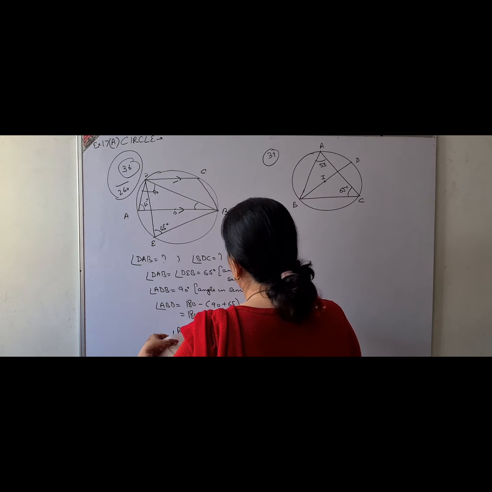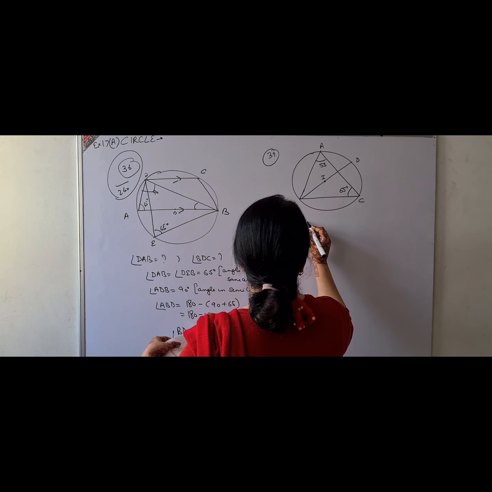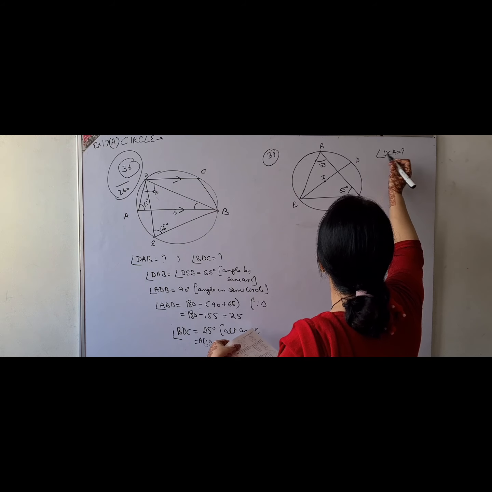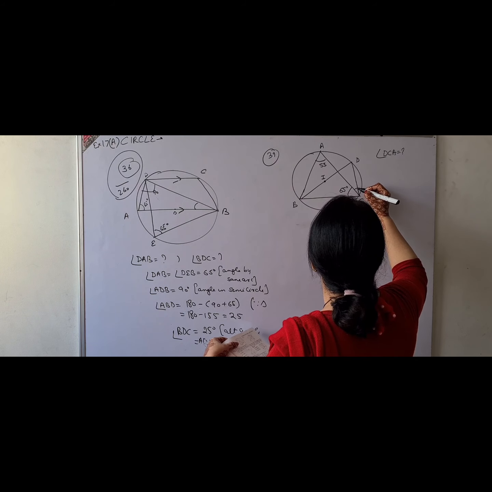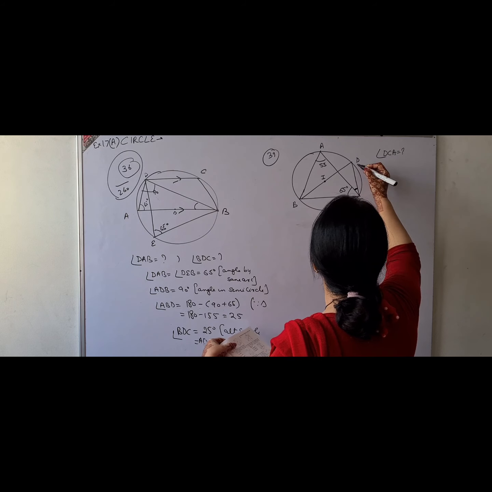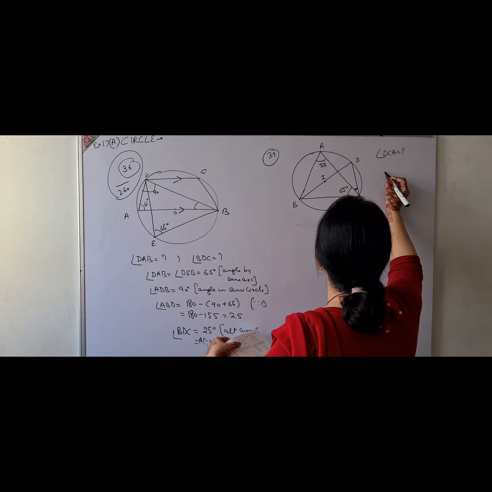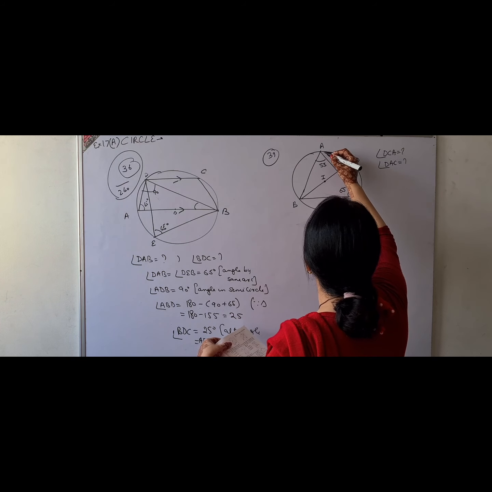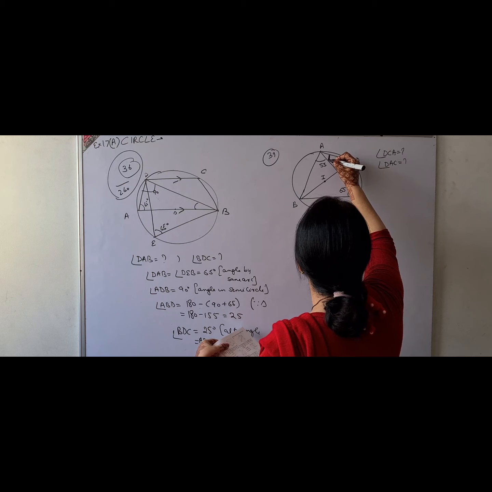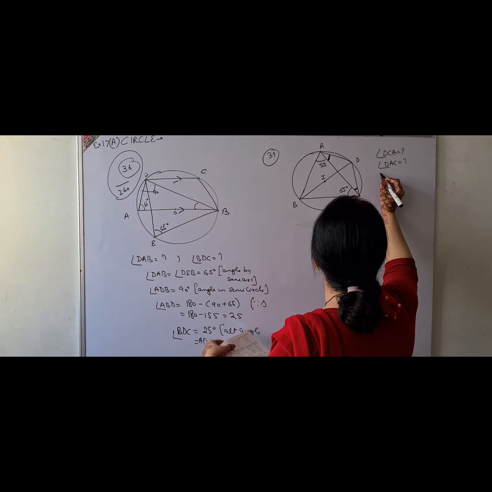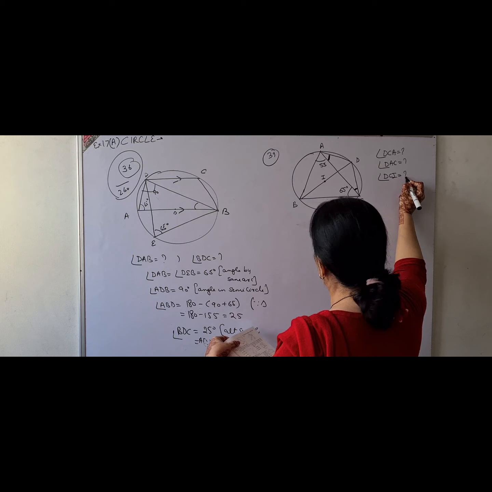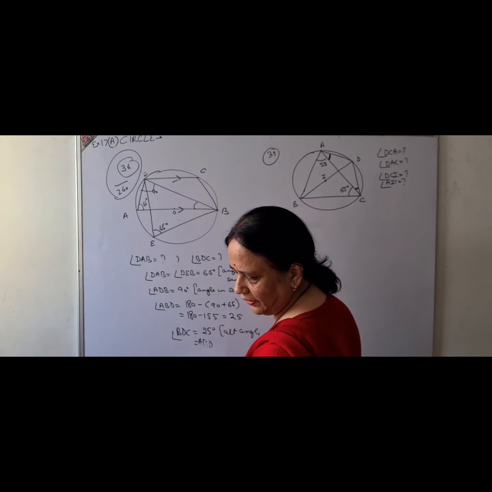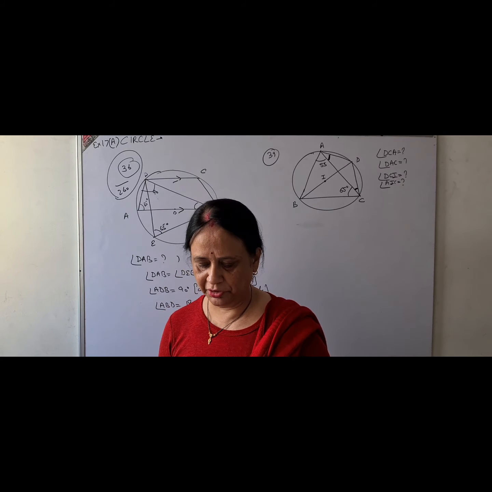You have to find DCA first, then DAC, then DCI, and at last AIC. Before I do this sum, let me explain one thing very nicely, and I would love that you underline it.